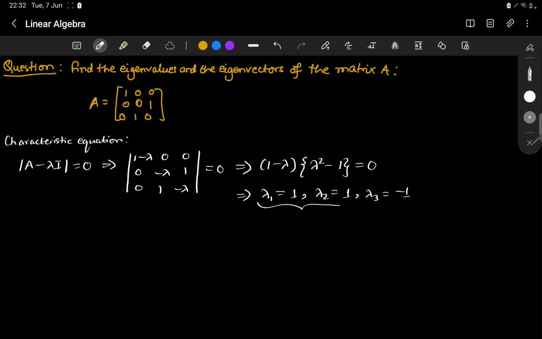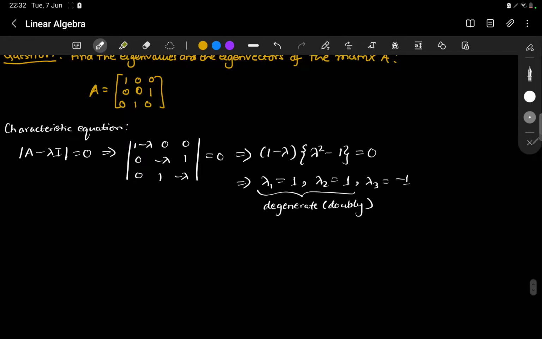These eigenvalues are not distinct. This is known as degenerate eigenvalues. Since two eigenvalues are the same numerical value, it is known as a doubly degenerate eigenvalue, and lambda 3 is a distinct eigenvalue.